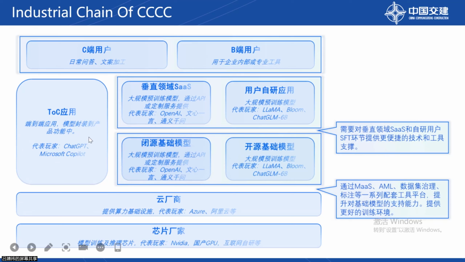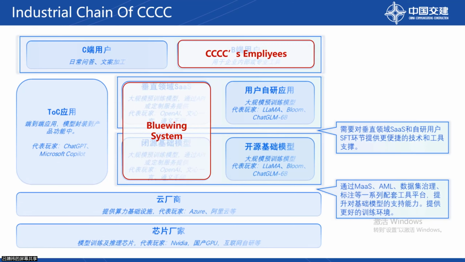In the middle, one part is LLM applications for the customers, like DeepSeek and ChatGPT, and another part is the CCCC Blue Wing system, which improves our work efficiency. The Blue Wing system provides a series of supporting tool platforms such as Model as a Service, AML, data governance, and annotation.